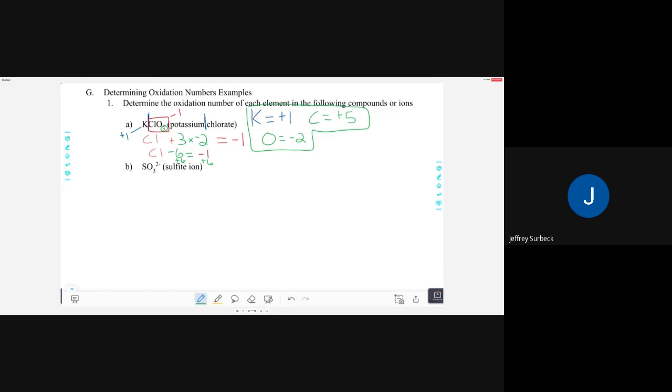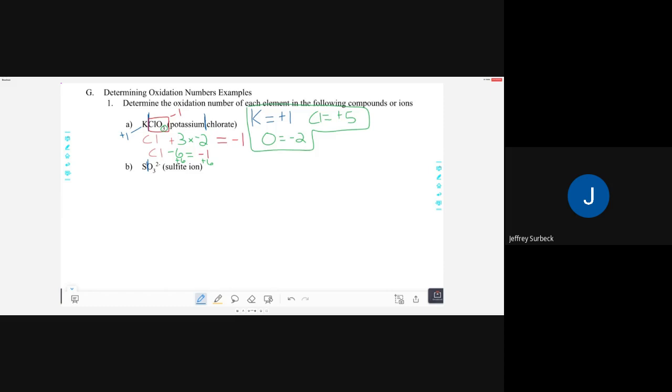Let's move on to the sulfite ion. What's nice about this? SO3 only has 2 different elements. So we split it right down between element 1 and element 2.